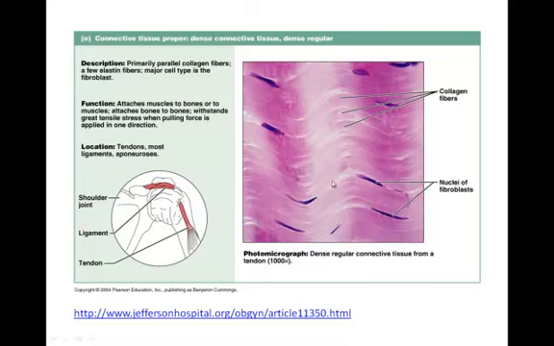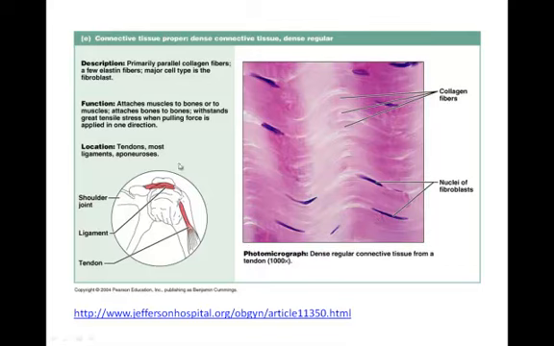That's how you can tell this is dense regular connective tissue: the nuclei are lining up in a row and the nuclei are slit-like. Some students confuse this with smooth muscle, but notice that we have slit-like nuclei and we don't see any nucleoli in the nucleus.